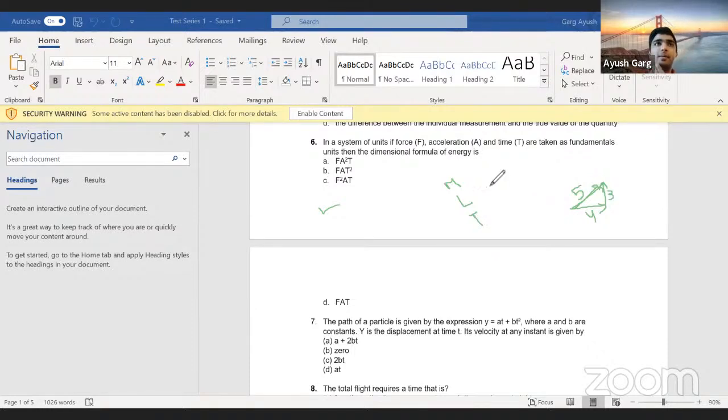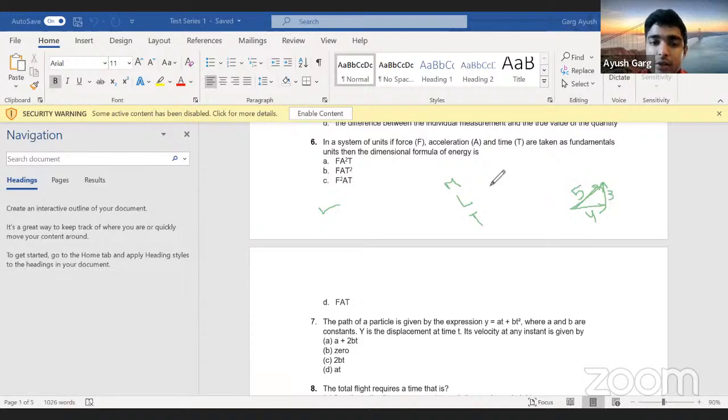Acceleration dimension is lt minus 2, meter per second square. Force is mlt minus 2, because it's kg meter per second square. So force is mlt minus 2, acceleration is lt minus 2. So these are your basic dimensions. You're no longer going to take force F as mlt minus 2. You're going to take it as F only.